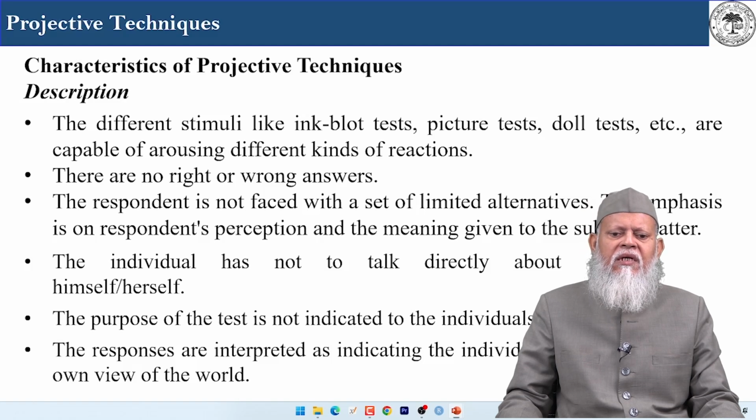So, the individual does not talk directly about himself or herself. The purpose of the test is not indicated to the individuals, and the responses are interpreted as indicating the individual's own view of the world.